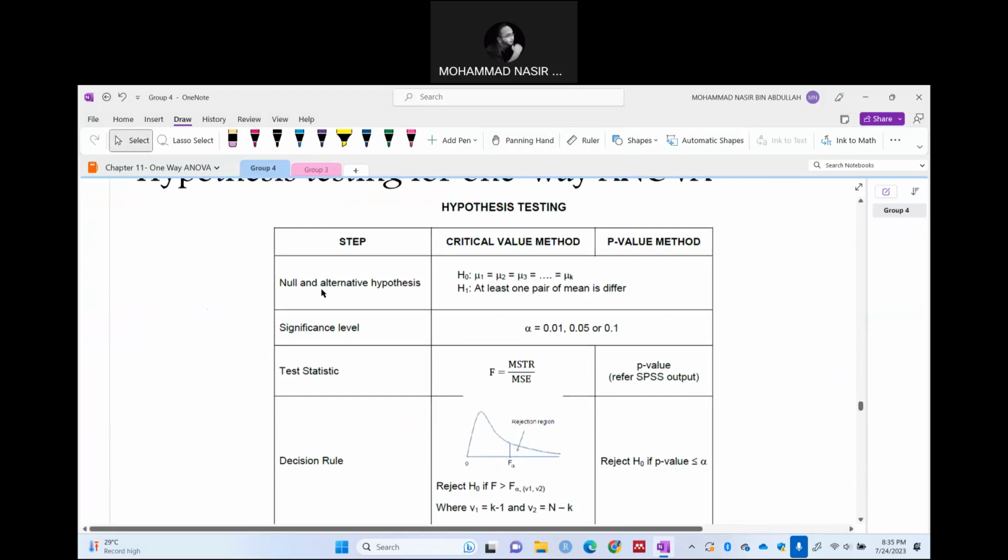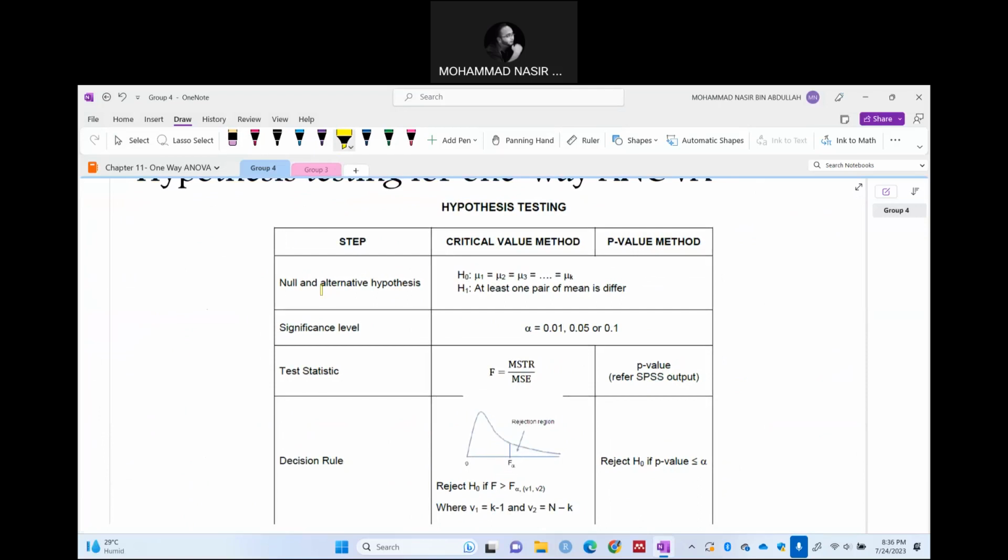Since we want to find the difference between groups, the null hypothesis will be mu1 equal to mu2 until mu k. It depends how many groups you have. If you have 3 groups, the null hypothesis is mu1 equal to mu2 equal to mu3.